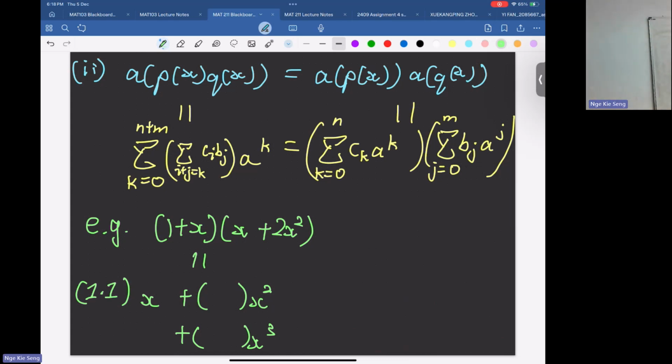Okay, but for x squared, how many ways to get x squared?